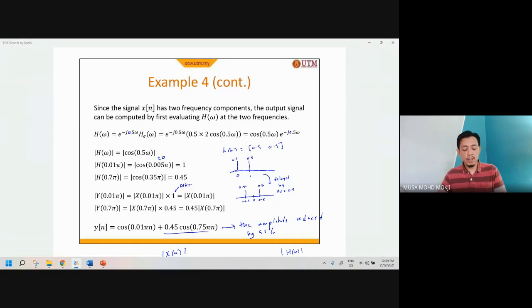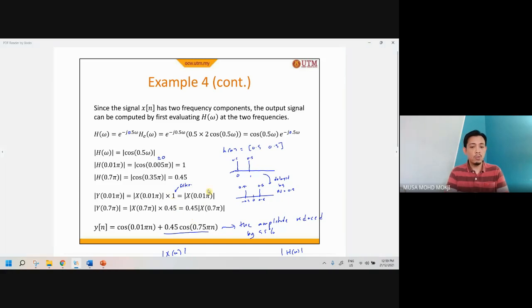Okay, this is one example of it, and it is easier to do that in the frequency domain, because in the frequency domain the operation is multiplication. Convolution in the time domain is a multiplication in the frequency domain. So that's why we demonstrated this. We just do some multiplication, then we can see what the output will be. Okay, so this is actually a filter.